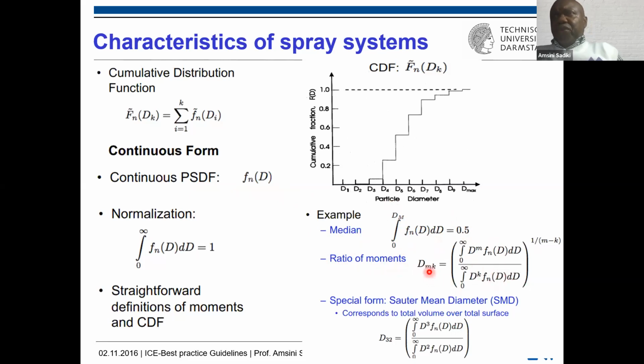If we have 3 here and 2, then it's the Sauter mean diameter as we have here. The cumulative function is exactly this. And if we had a different distribution between these two intervals, the distribution between these particle diameter intervals.